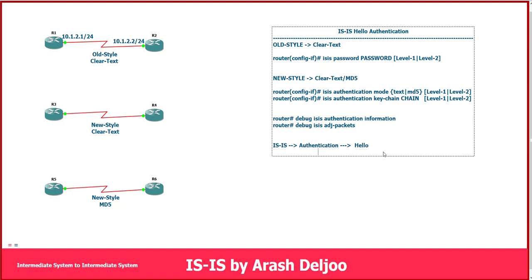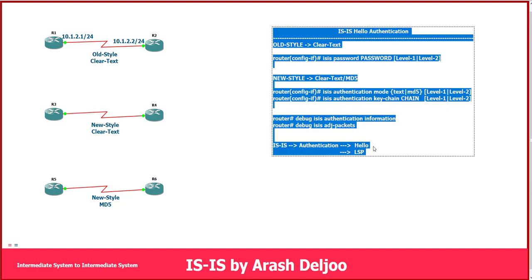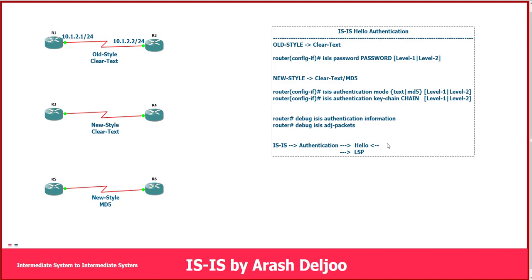But we also have another type, the authentication for LSPs and some other packets of IS-IS. In the next section, in the LSP understanding, the link state exchanging part of this course, I'm going to talk about the LSP authentication. But in this part, I'm going to talk only about the hello authentication.